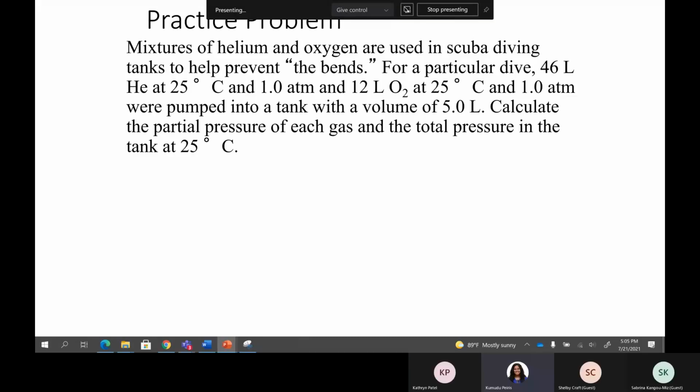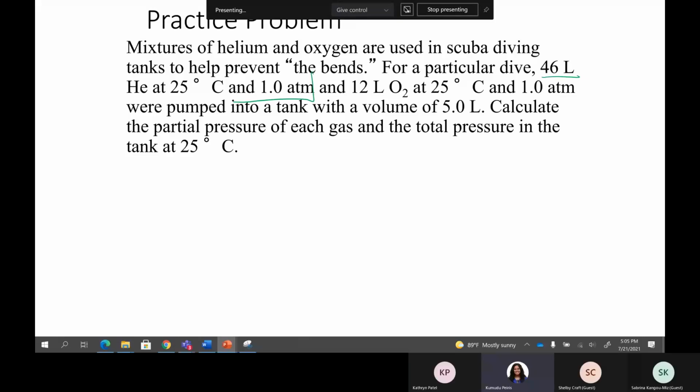For a particular dive, 46 liters of helium at 25 degrees Celsius and 1 atm, and 12 liters of oxygen at 25 degrees and 1 atm were pumped into a tank with a volume of 5.0 liters. Calculate the partial pressures of each gas and the total pressure in the tank at 25 degrees Celsius.